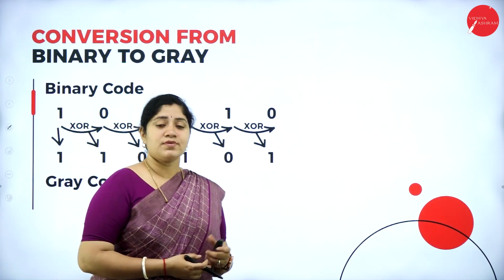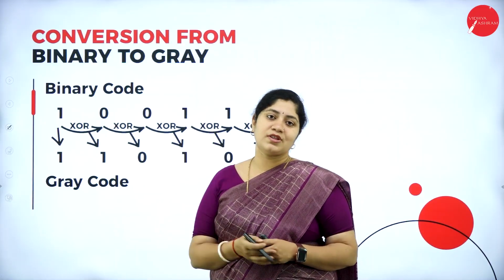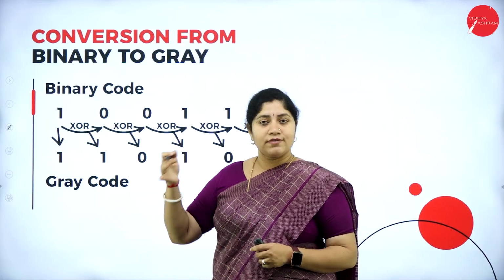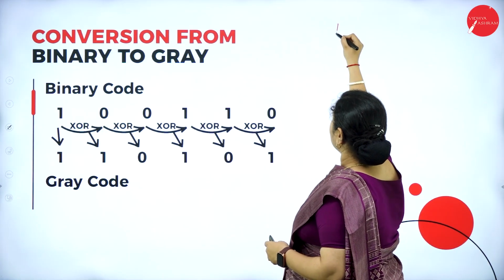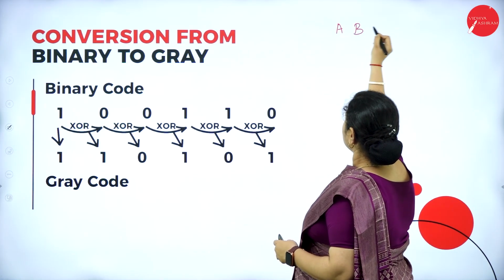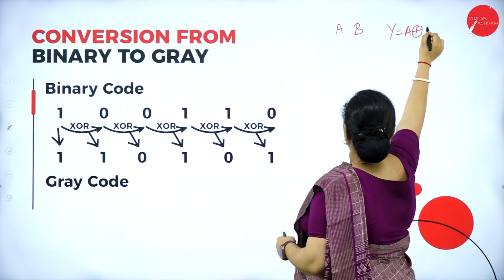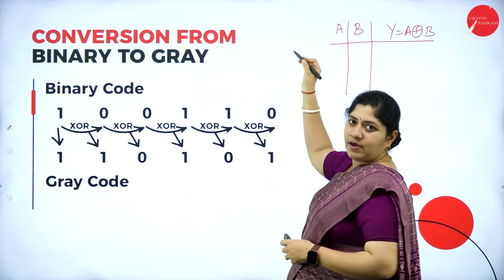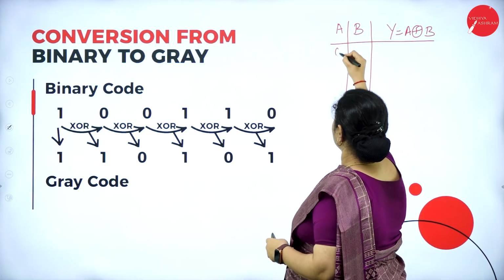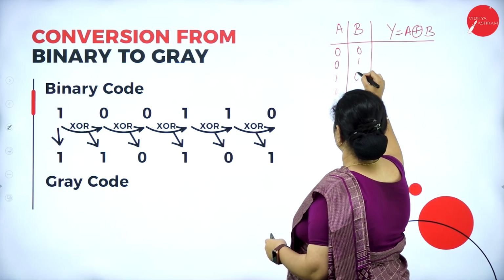Over here, this is very simple and easy. You might have learned with respect to XOR gates. If not, okay, let me write over here. We'll be having 2 inputs, that's A, B and Y equals A XOR B. Now, I'll be having 4 different combinations, 0, 0, 1, 1, 0, 1, 0, 1.